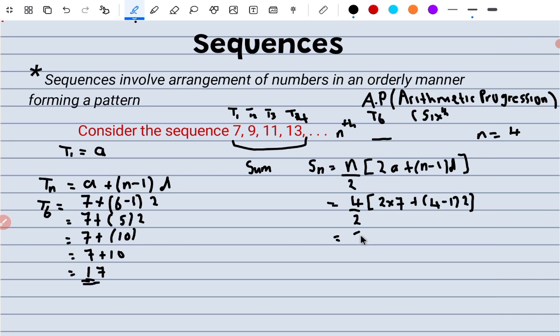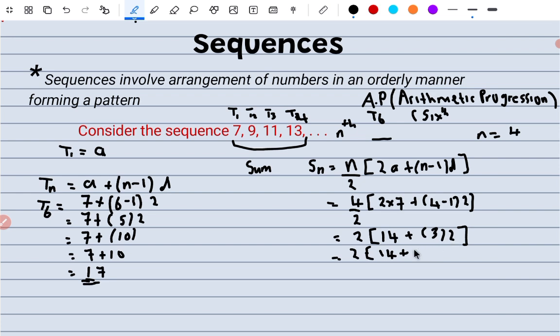2 times 7, that is 14, plus 4 minus 1, that will be 3, and there's a 2 here, which is the common difference. So 14 plus, 3 times 2, because everything in the brackets you multiply with what's outside.